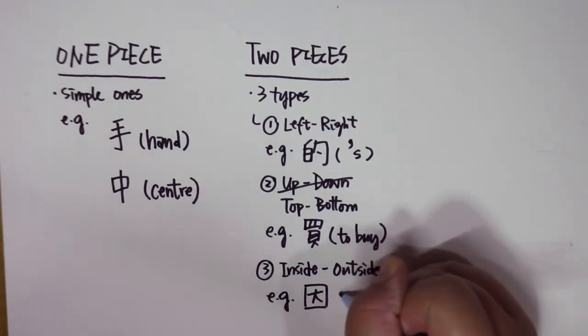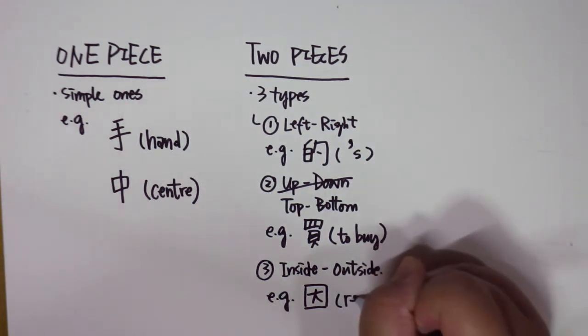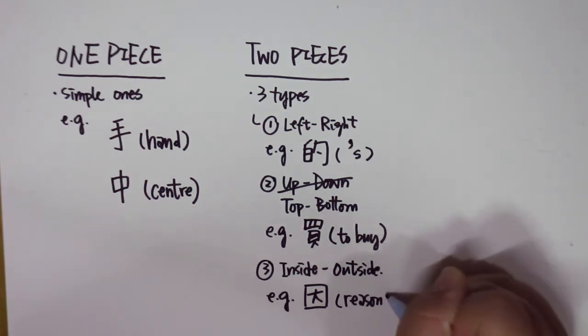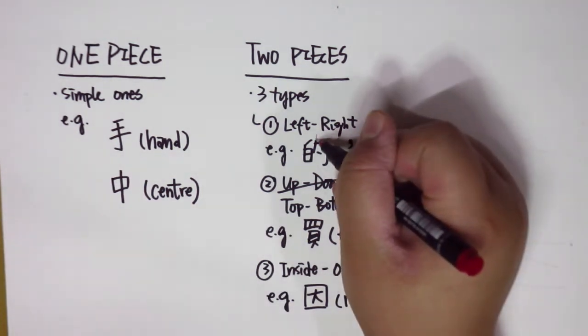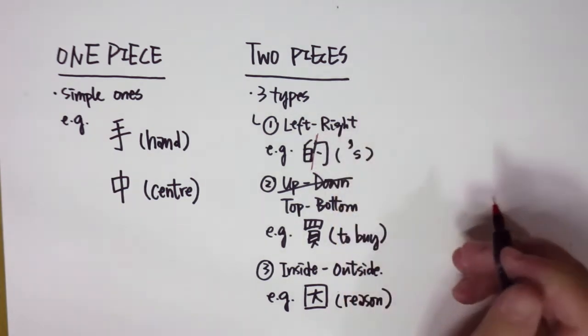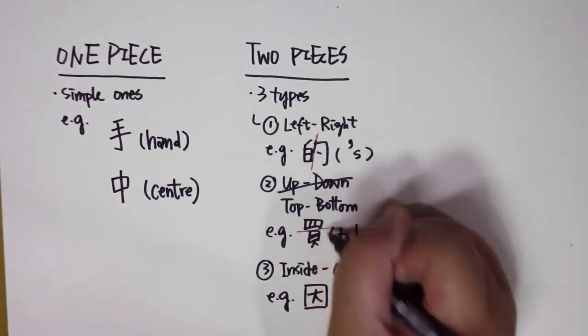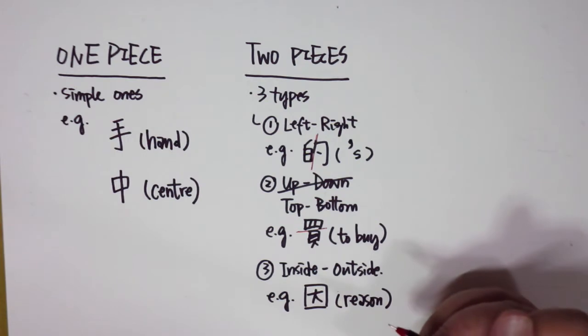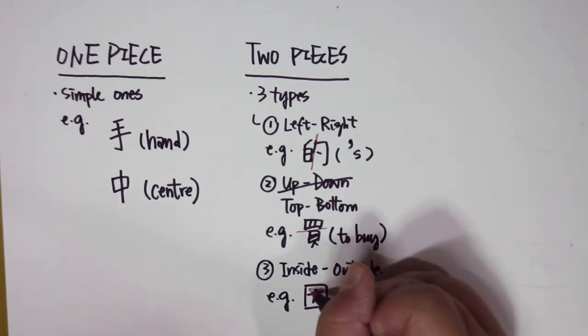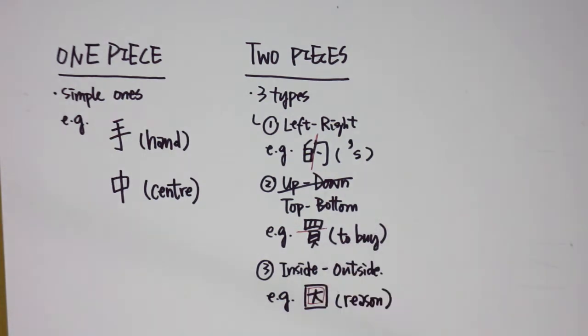By the way, yan is reason. You can divide this one into 2 pieces like this, and how can I mark it? Like this. Wow, the red is totally obvious.